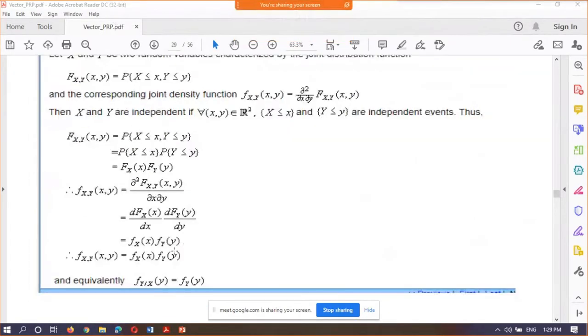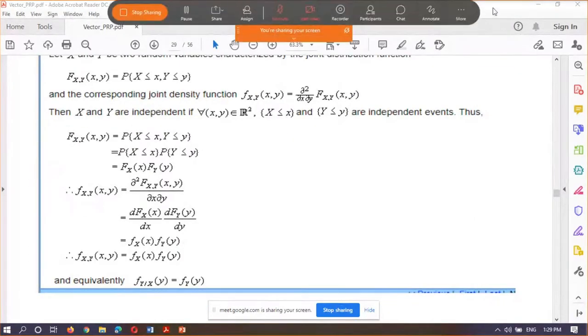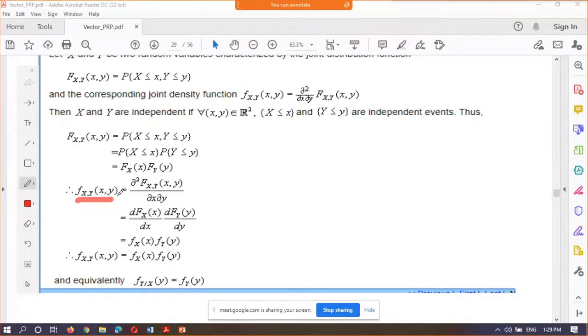Similarly, for density functions also, this is the joint density function of two random variables x and y, and if x and y are independent, then the joint density function is the product of the marginal density functions of x and y. So if this result is true for all values of small x and small y, then we say that x and y are independent random variables.